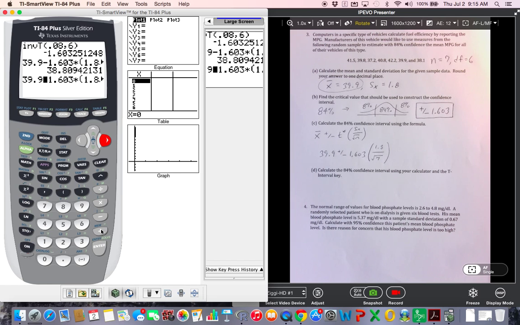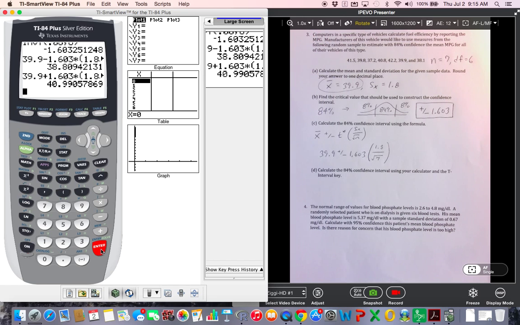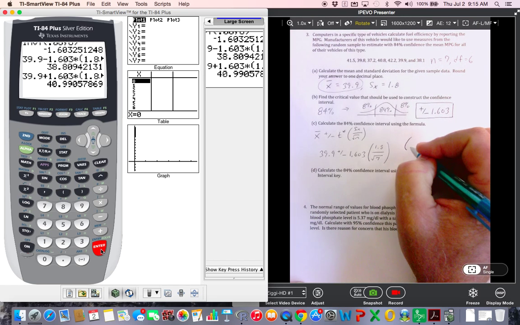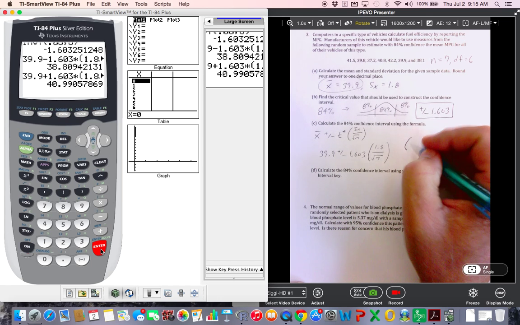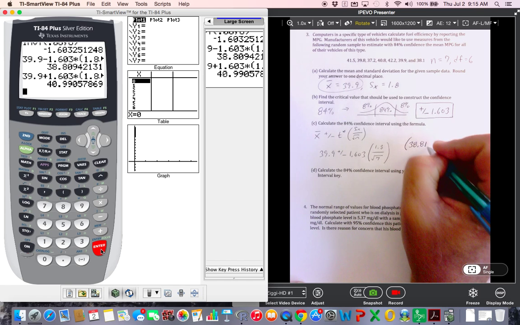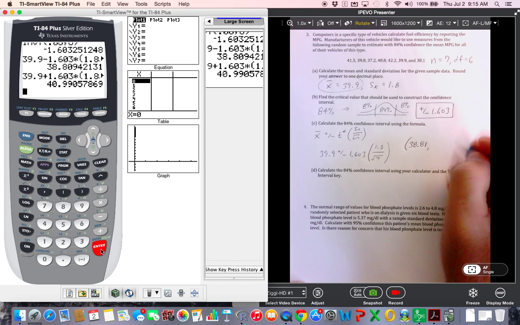Let me change that to a plus. All right, gang, so my confidence interval is going to be 38.81 to 40.99.